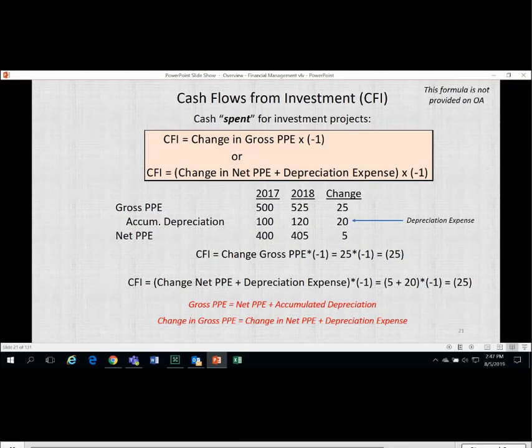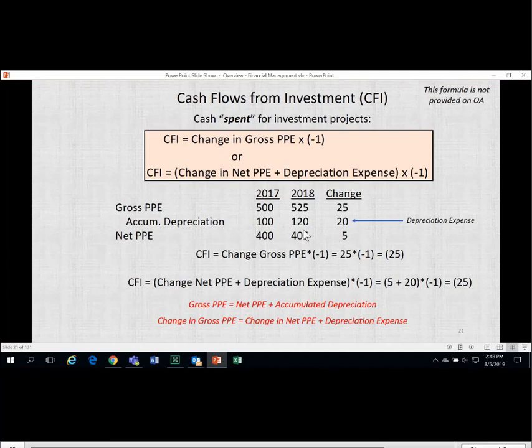Well, let's look at it from the net PPE category. So net PPE at the end of 2017 was 400. End of 2018, it's 405. So net PPE increased by 5. Okay, we've got that part, the change in net PPE. Now, let's look at accumulated depreciation. It was 100 at the end of 2017, 120 at the end of 2018.